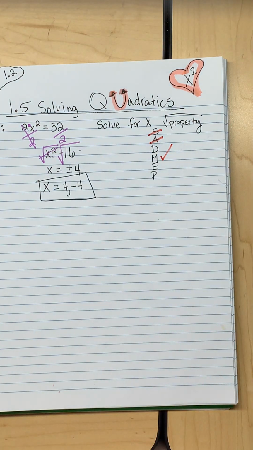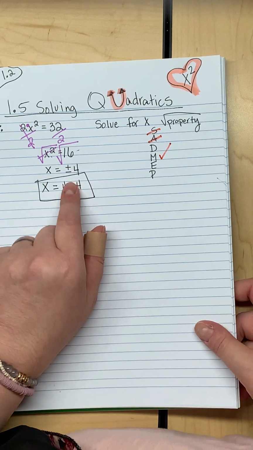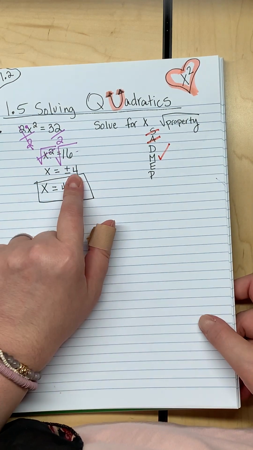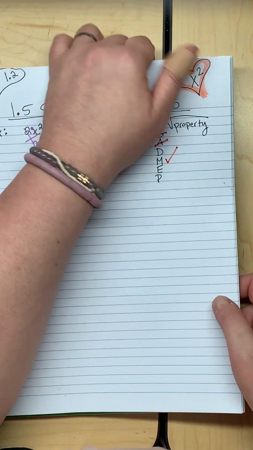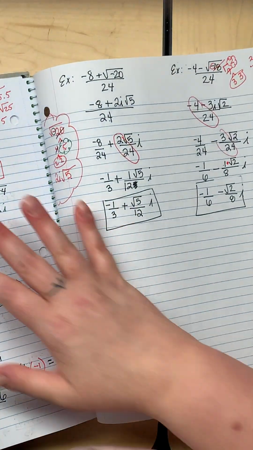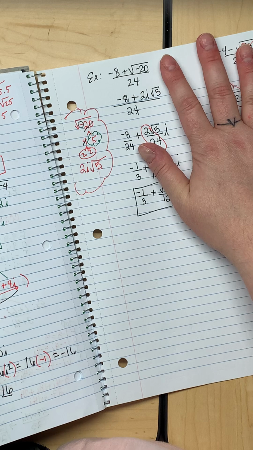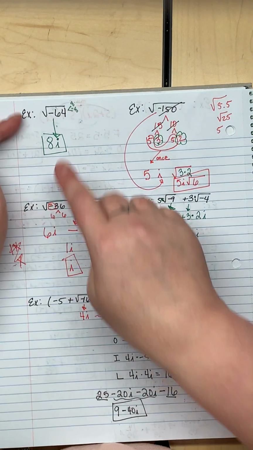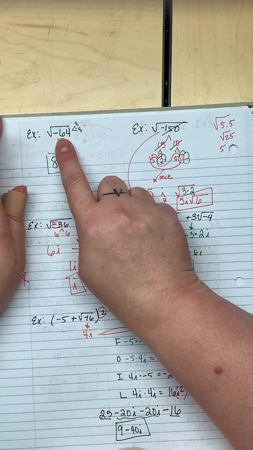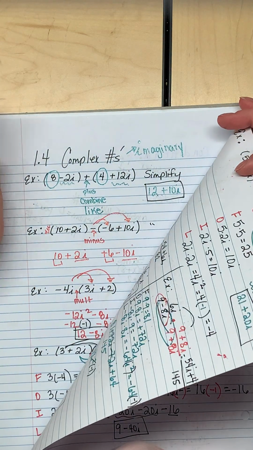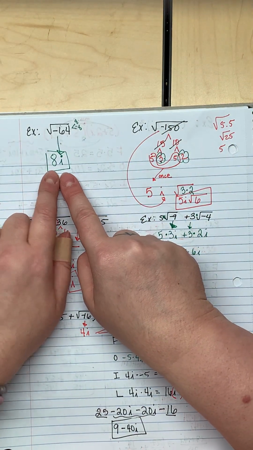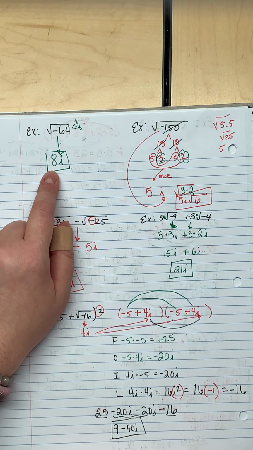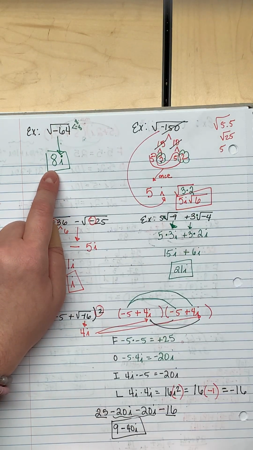Okay, and you might be wondering, why the heck am I putting a plus minus here? But in the last section with square roots, we did not put a plus minus. Like, see over here, this square root of negative 64. It was in section 1.4. We did not put a plus minus on this because it didn't say the magic S word, solve.